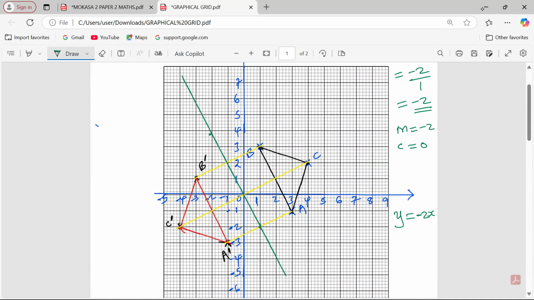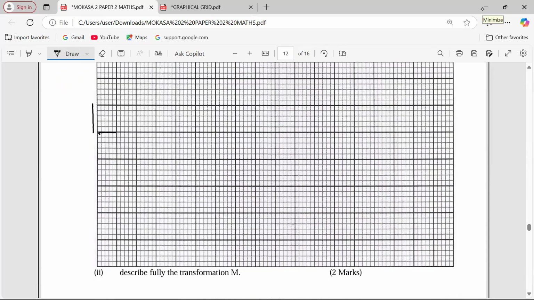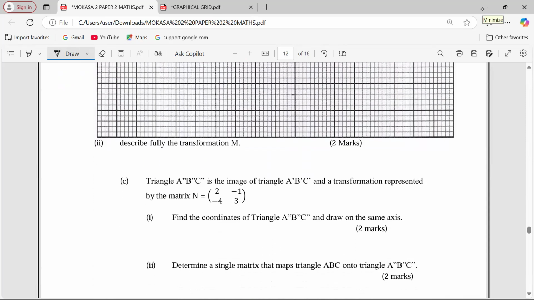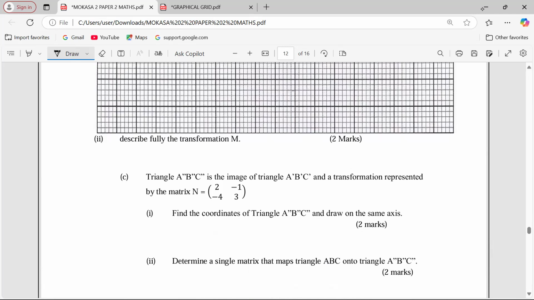In the next question now, we are told that a triangle A double prime, B double prime, and C double prime is the image of A prime, B prime, C prime under a transformation represented by the matrix N, 2, -1, -4, 3. Part 1, find the coordinates of A double prime, B double prime, C double prime, and draw on the same axis. Therefore, we repeat the same procedure with a matrix.